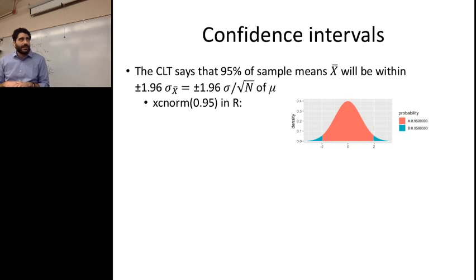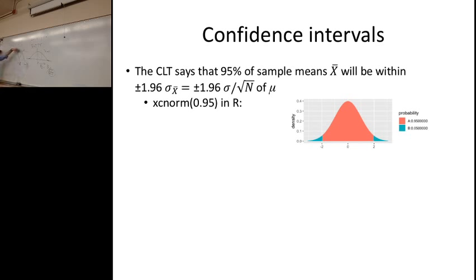And so the idea here is that in our population there's some mean, and what the central limit theorem tells us is that it's going to generate a sample mean somewhere in this range, which is mu minus 2 sigma over square root of n up to mu plus 2 sigma over square root of n.